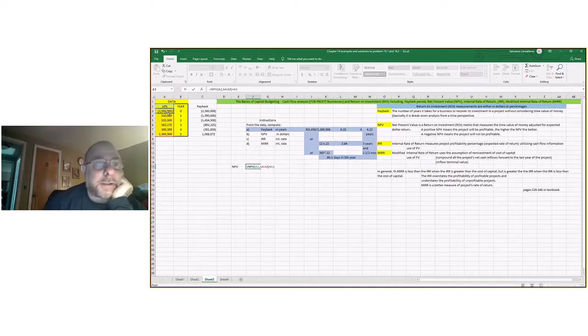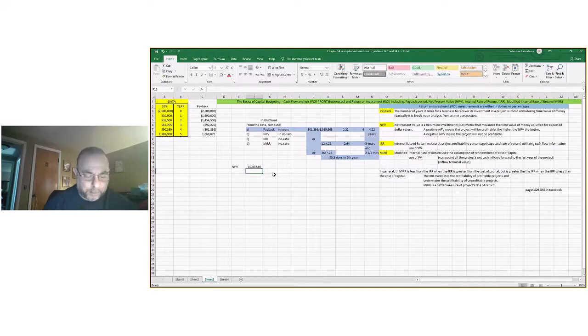So look what I've done. I put the interest rate in, then comma, and then I put in all of the cash flow amounts, close the parentheses, and then when it's done, I want to add back that initial outflow. And if you do it properly, you get $82,493, $492.60 to be exact. So is this good or bad? Well, it's good because it's positive.